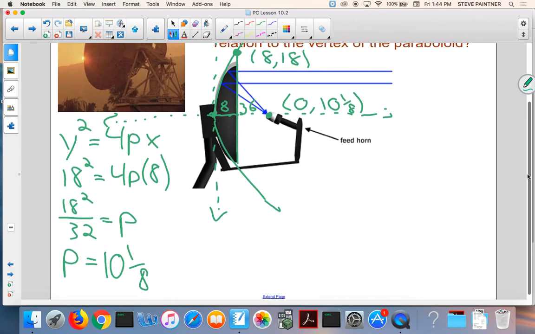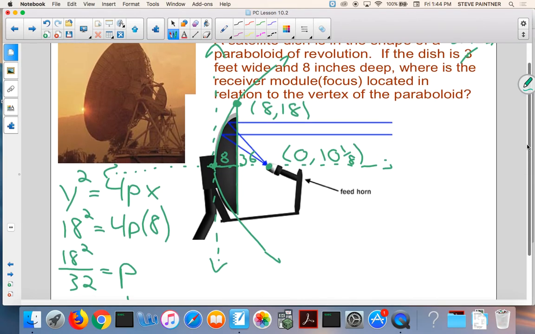Here's what the question asks. Where is the focus located in relation to the vertex of the parabola? So relative to the vertex, where's the focus? To the right. It's 10 and 1/8 inches away from the vertex.